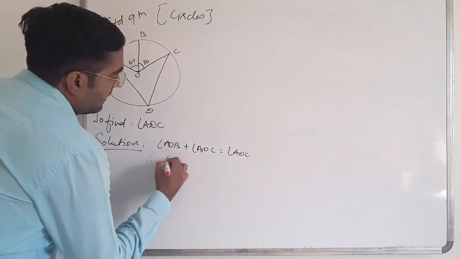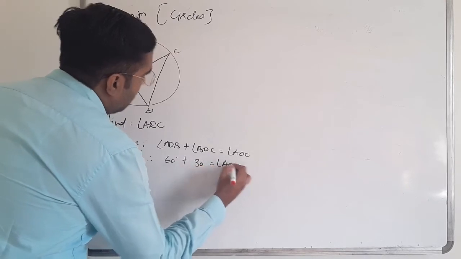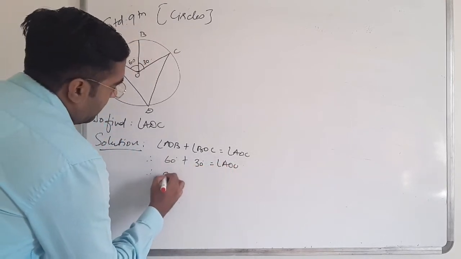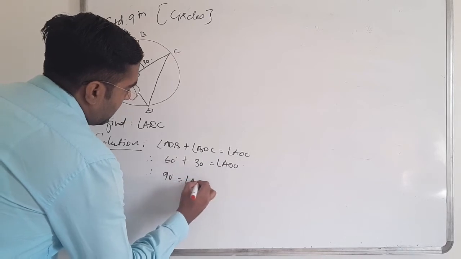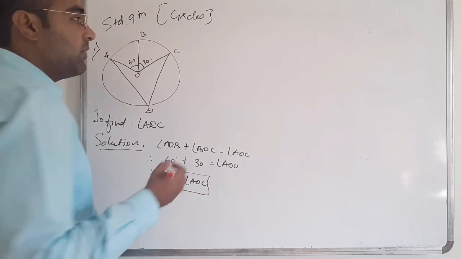Therefore AOB is 60 degrees, BOC is 30 degrees, so angle AOC is equal to 90 degrees. Clear that?